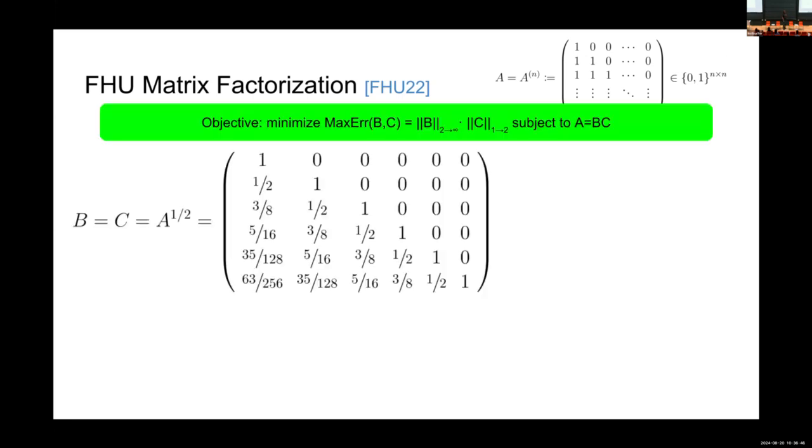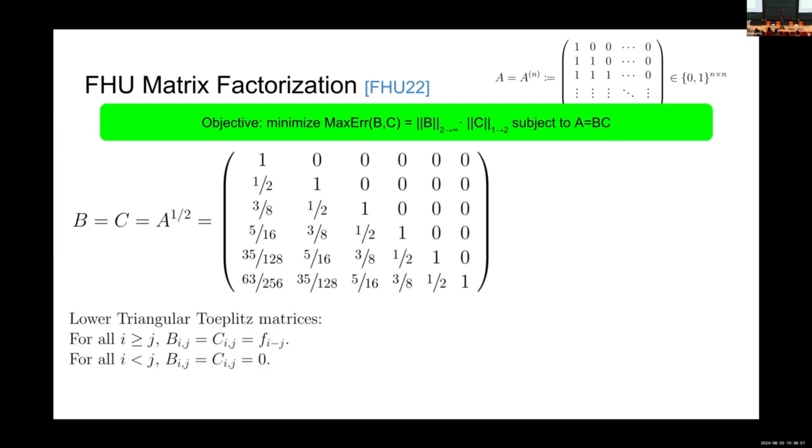So this is basically it. It's a matrix, which has a nice structure. The diagonals are all constant. So this is what's called the Toeplitz matrix. And the values on those diagonals are described by this very simple recurrence.